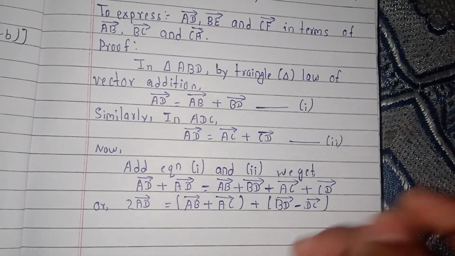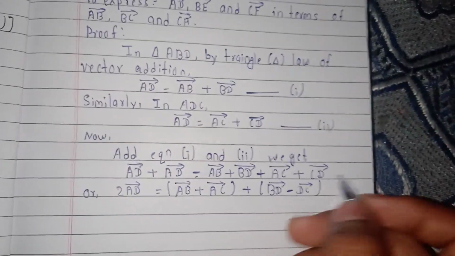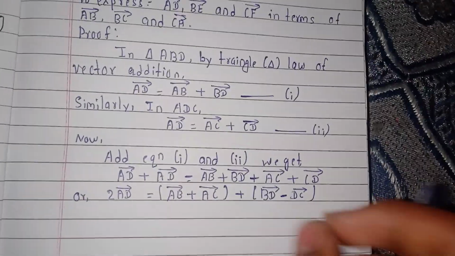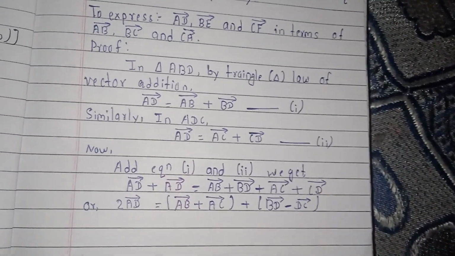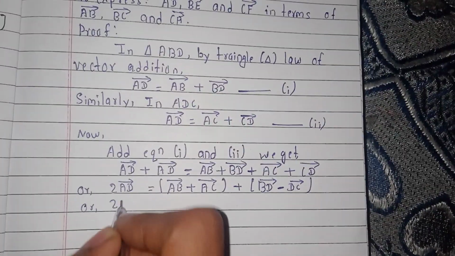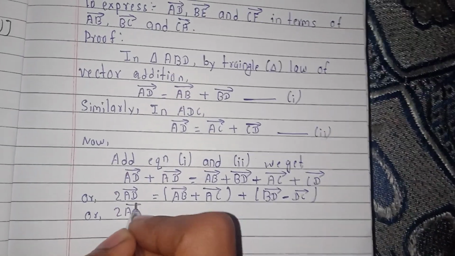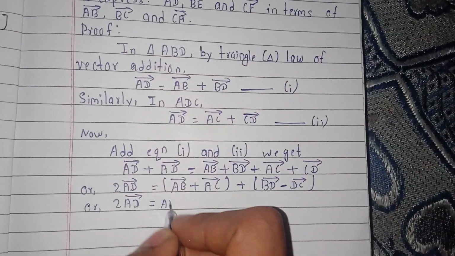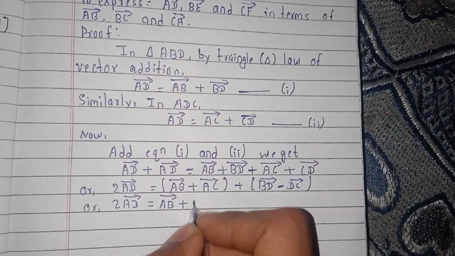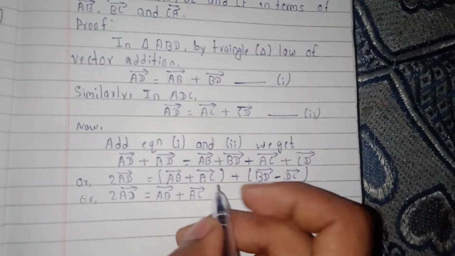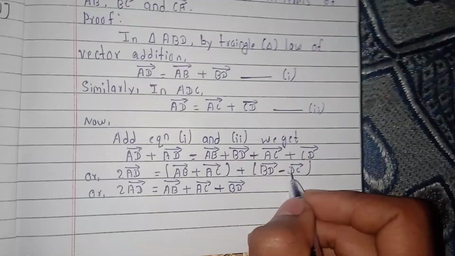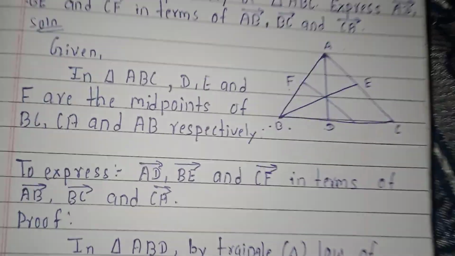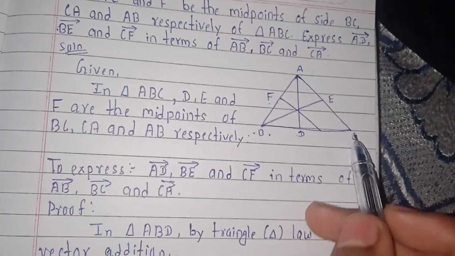Since BD vector is equal to DC vector, we write minus BD vector.